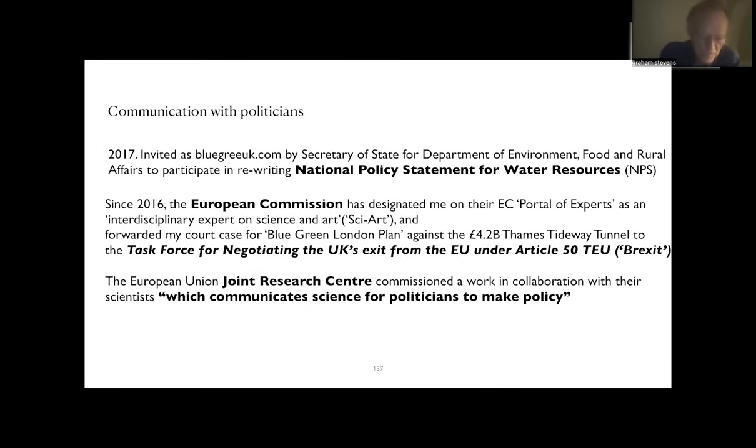But that turned into, at the time the minister was Owen Paterson, and then it became Liz Truss, and then it became Michael Gove. And it became the new Environment Planning Act.